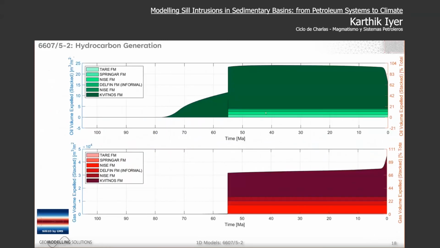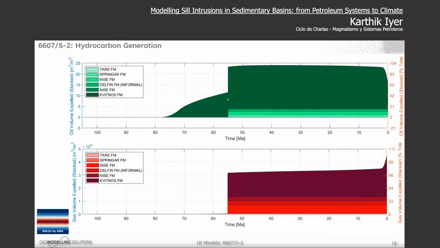Speaking of hydrocarbon generation, you can also visualize it in this method. Here I'm plotting time and oil volumes and gas volumes stacked. They are just stacked one on top of the other so that we visualize it better. And as you can see, the deepest one, the Quitness Formation here, is generating oil initially, but that's simply because of burial.